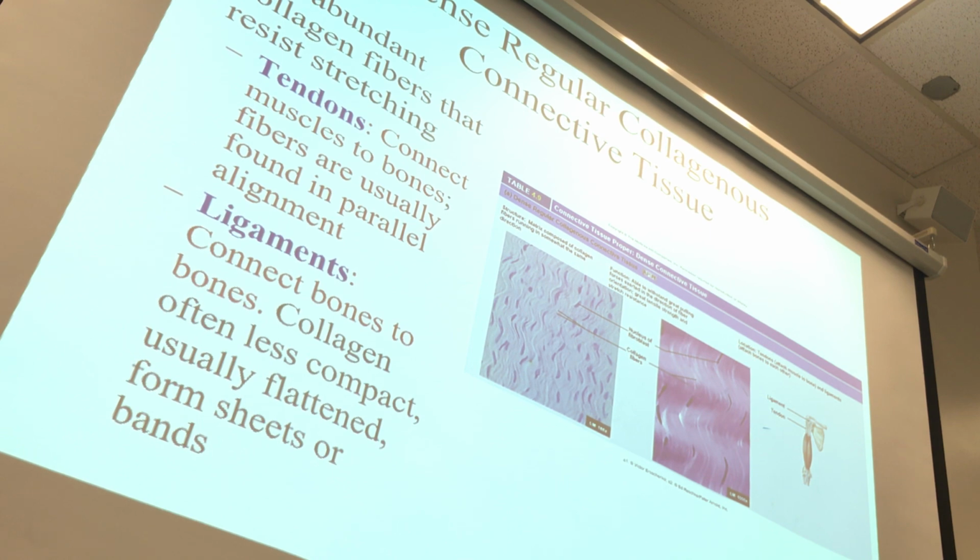So what happens? All of the fibers of your biceps are facing up and down, longitudinally. That's what it's supposed to do. So it makes sense that the tendon that you feel here is also made out of dense regular collagenous connective tissue. All of those collagen fibers are also facing up and down.